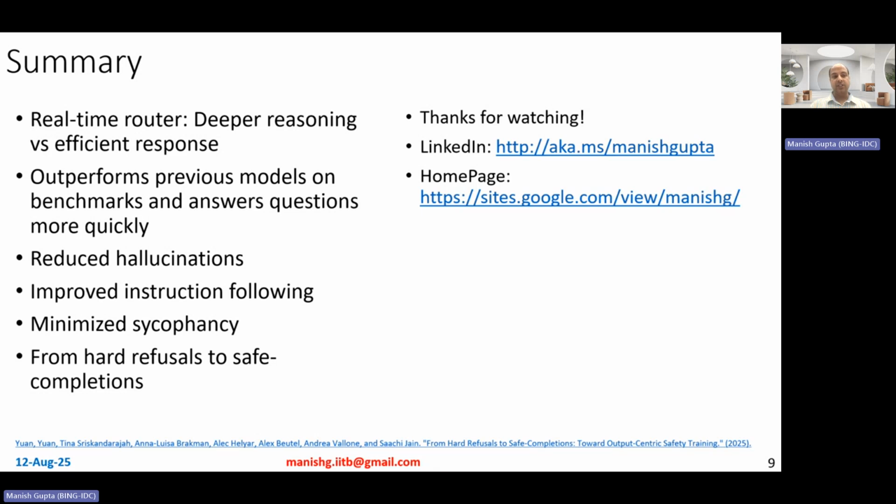It has fewer hallucinations, improved instruction following, and less sycophancy. It doesn't really do hard refusals, but does safe completions. For malicious things, it very courteously declines to answer, giving a good rationale and nice alternatives for users to follow up on.